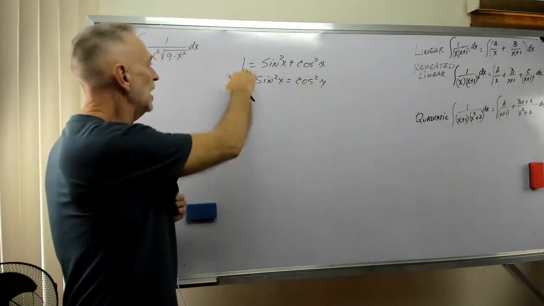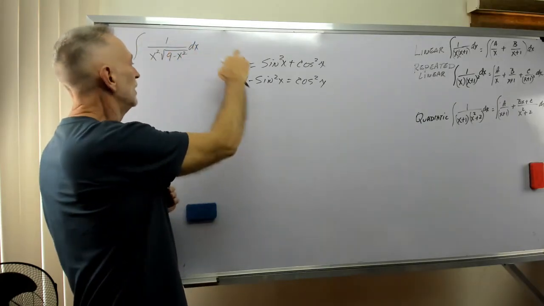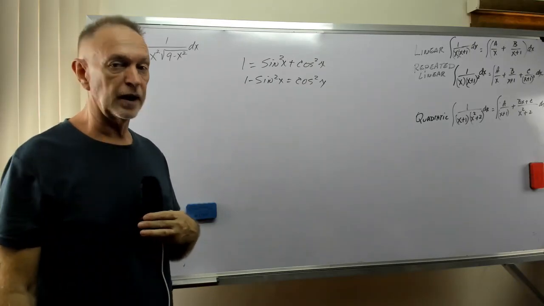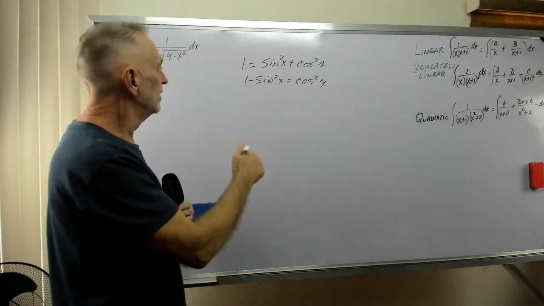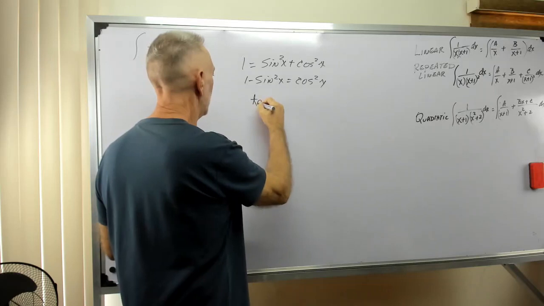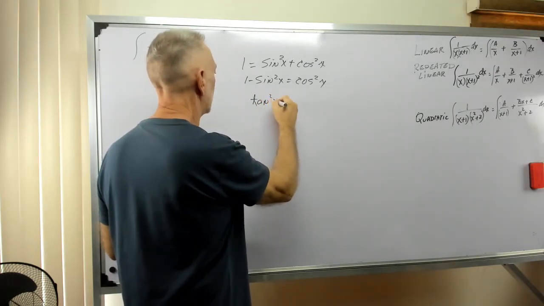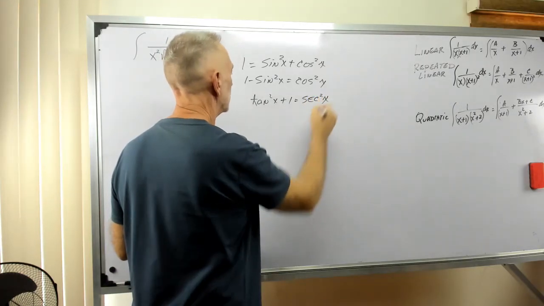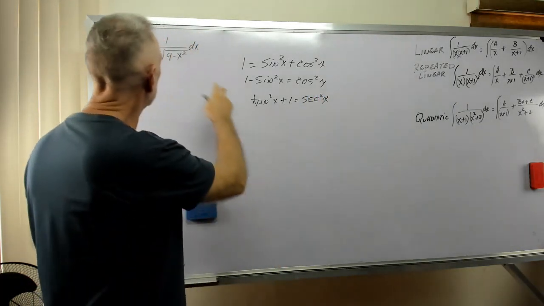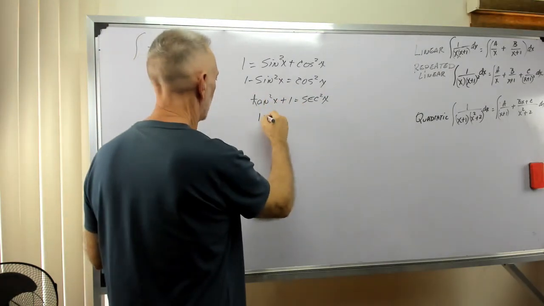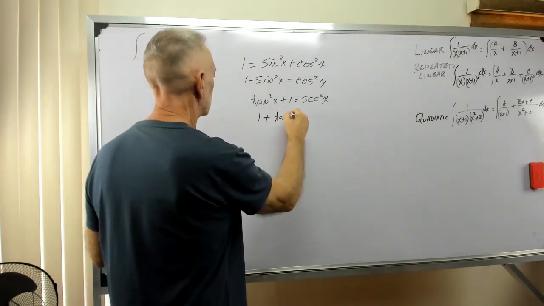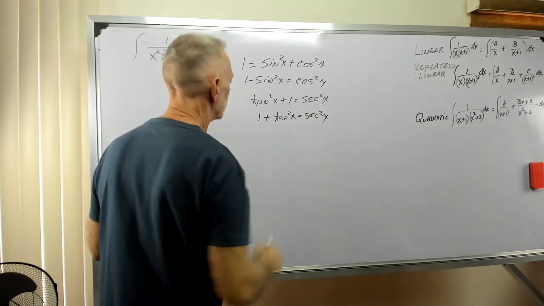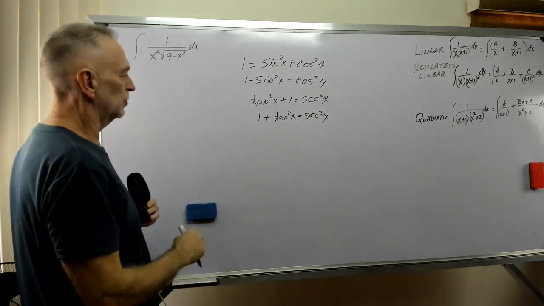There may be times where you have the number 1, and I want to replace that 1 with sine squared x plus cosine squared x. That's not the case here. All right, but what if I have tangent squared x plus 1? That equals secant squared x. Now, in this case, well, I can turn that around. 1 plus tangent squared x equals secant squared x. I could have that situation.